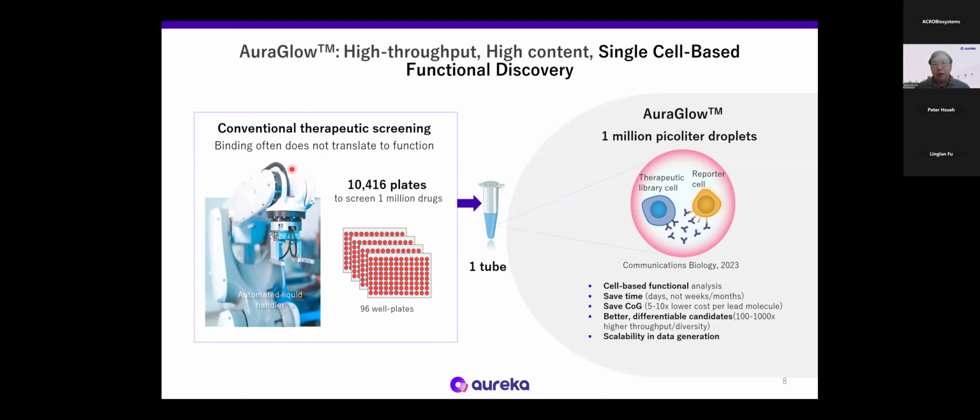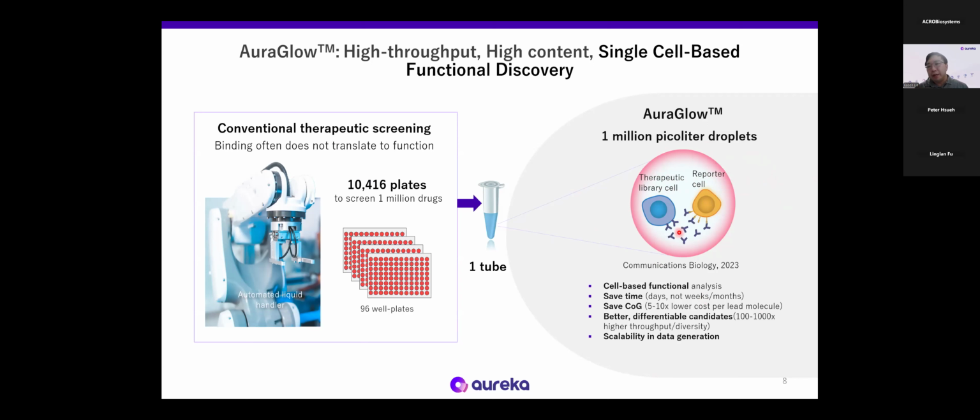So it may sound like a dream, but what if I'm telling you that you can potentially combine all of this into a single droplet, where every single droplet is basically a well? In every droplet you have your therapeutic library cells, some small molecule or ligands of interest, and then your reporter cells, which potentially have different surface antigens or a reporter construct built in.